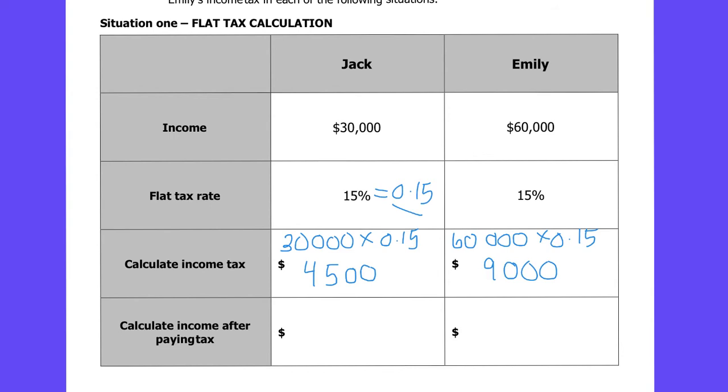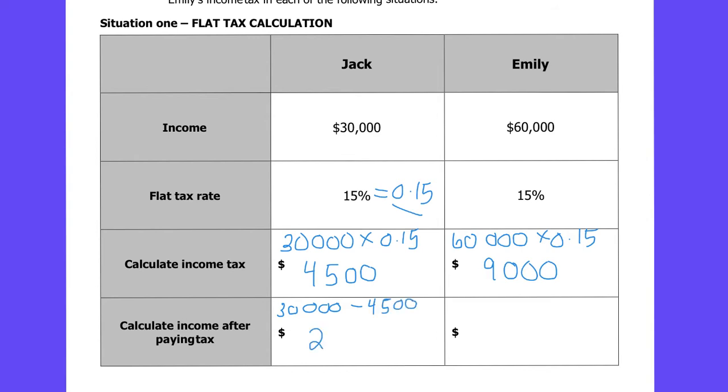Now it wants us to calculate our income after we pay taxes. We're going to deduct those taxes from our income and see what we actually get to take home. We're doing that by subtracting. We're going to have our 30,000 and we're going to minus whatever our tax was. In Jack's case, it was 4,500.